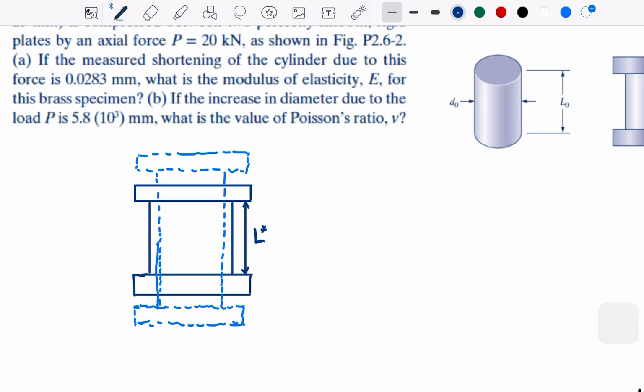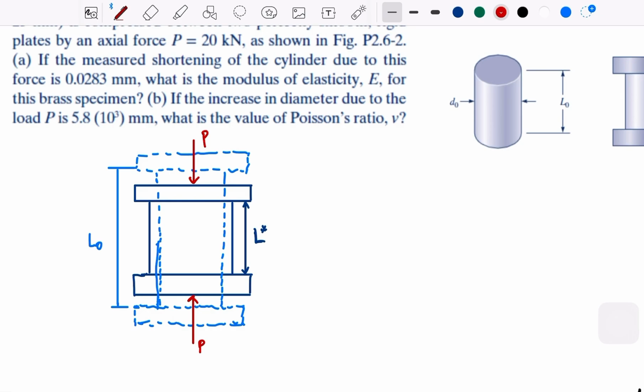And the original length with L, or L0, L origin. And then you have a force, an axial force, that compresses this cylinder on both sides.